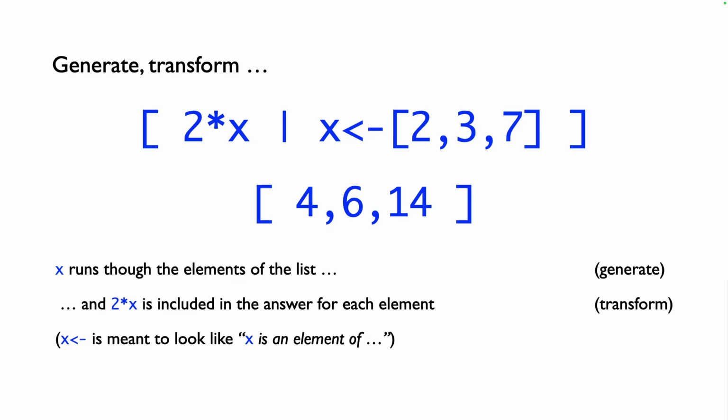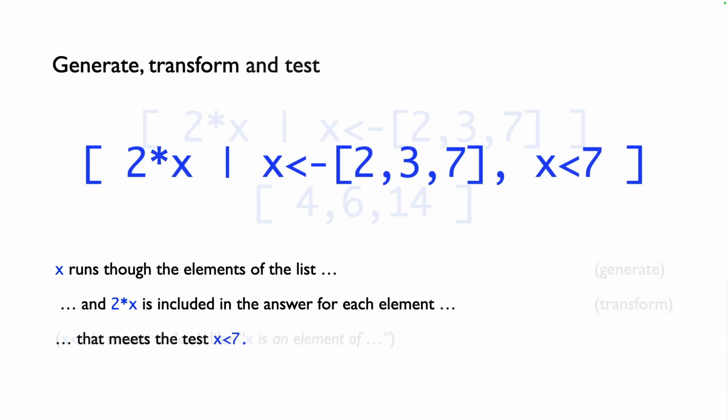So you can generate and transform, but you can also test elements. So we can say take the x from 2, 3, 7, but only the x that are smaller than 7. So we have the generator, x comes from 2, 3, 7, comma, and then a test, x less than 7.